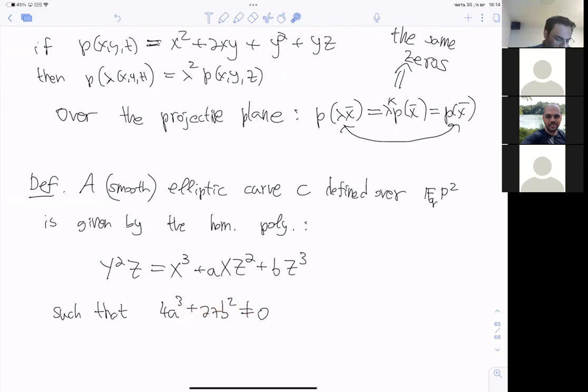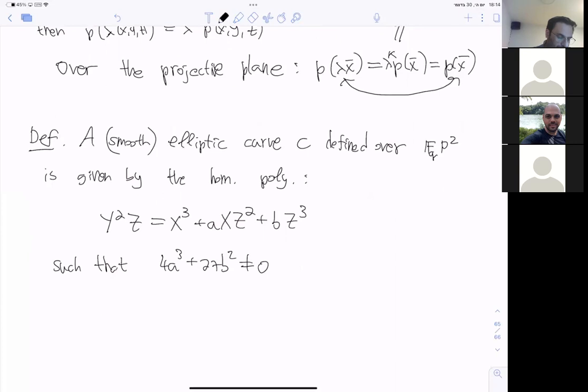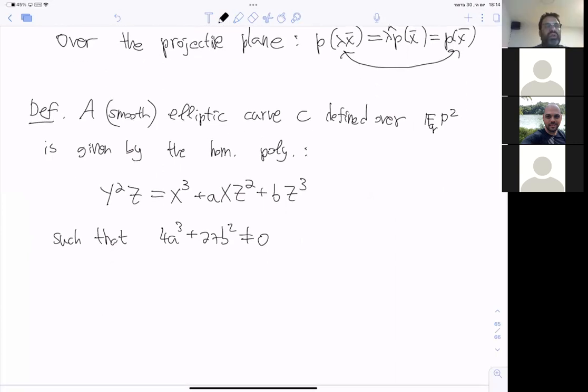But if you look at the projective version, then you can understand why. Because you want this projective curve to be smooth, okay? And if the gradient is the zero vector somewhere, it doesn't admit a tangent at that point.